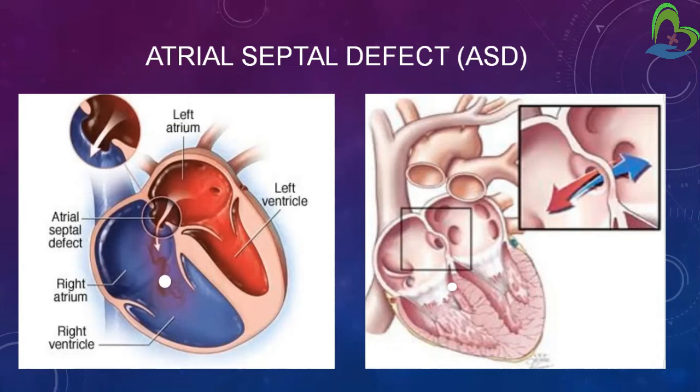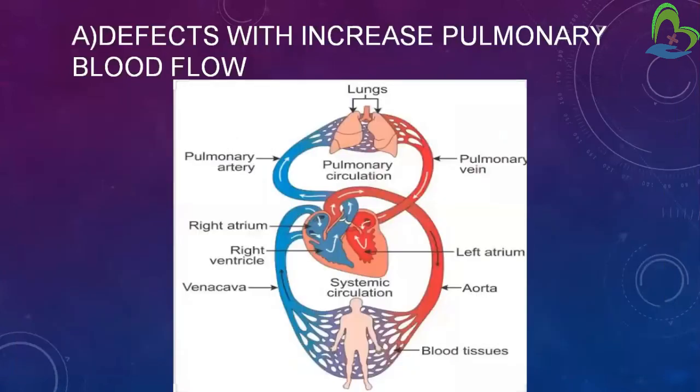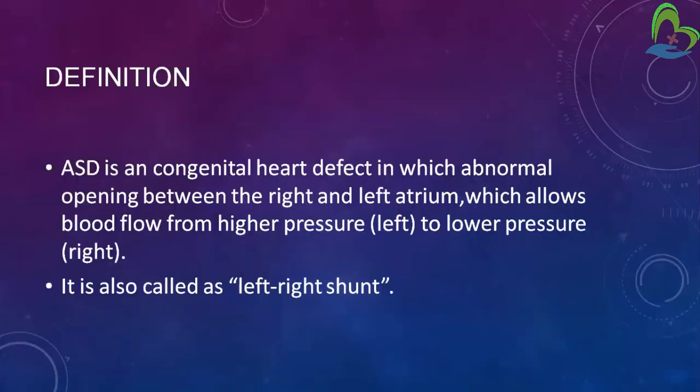Whereas the right side of the heart has to supply blood to the lungs only, and the lungs are very close to the heart, not at a far distance. So the right side of the heart has low pressure compared to the left side. So in ASD, the blood will flow from left atrium to right atrium. That's why it is called a left-right shunt.